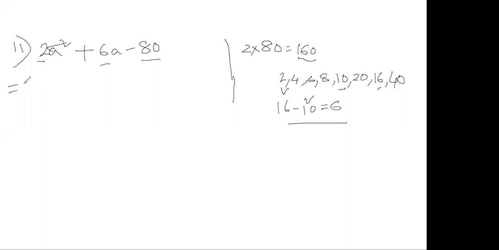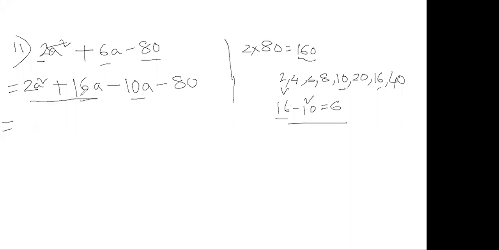So now in my second line I can write 2a square remains as it is. Now in like plus, what can I write? 16a minus 10a minus 80. So 2a square plus 16a minus 10a minus 80, because 16a minus 10a is 6a.